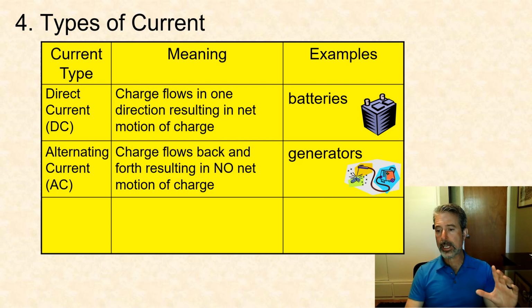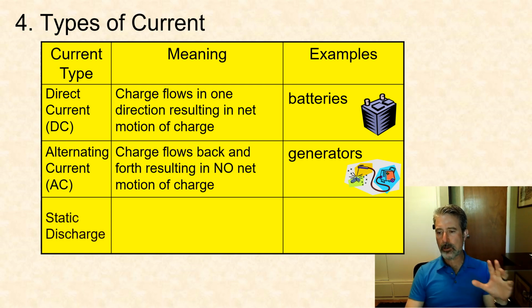Whenever you stick an electrical device straight into an electrical outlet in your house, that wall receptacle is providing you with an alternating current that is simply forcing the electrons in your appliance to vibrate back and forth. And because the charge is simply vibrating back and forth, we can say that there is no net motion to that charge.